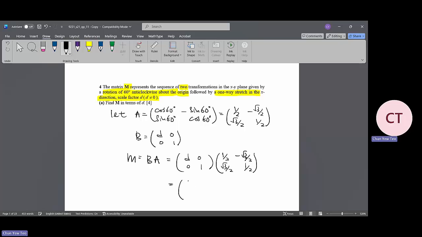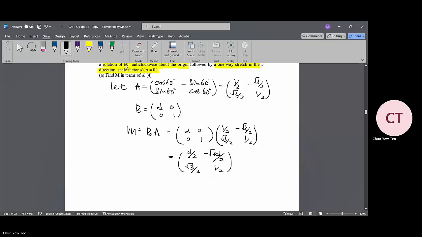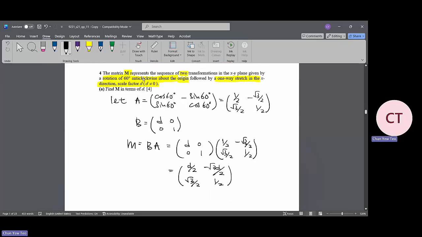So you will get d over 2, negative 3d over 2, root 3 over 2, and a half. So this will be the answer for question number 4A.